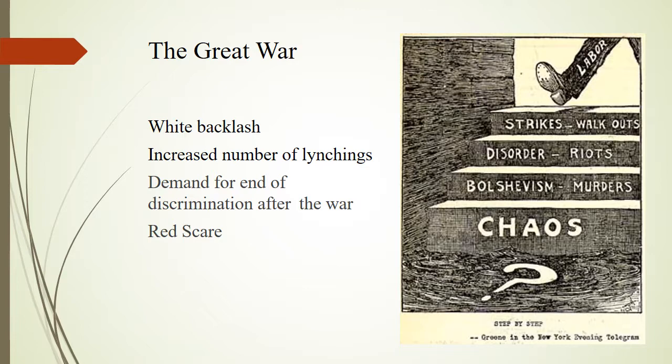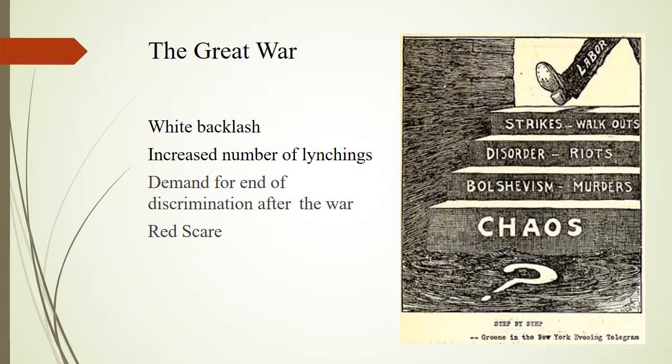Black veterans grew impatient with discrimination and white hostility. They expected that, you go fight for your country, that you ought to come back and receive respect and perhaps desegregation.